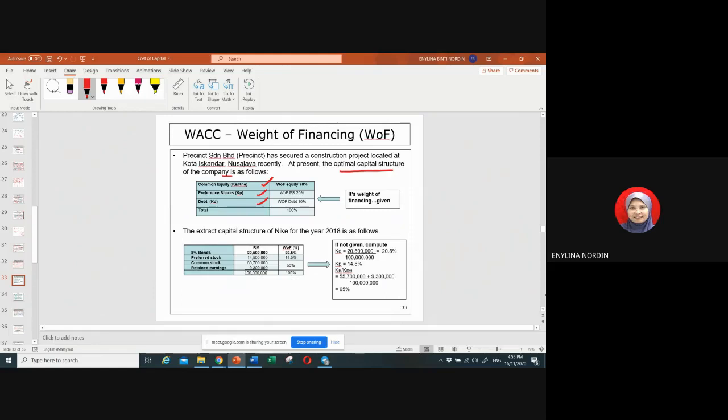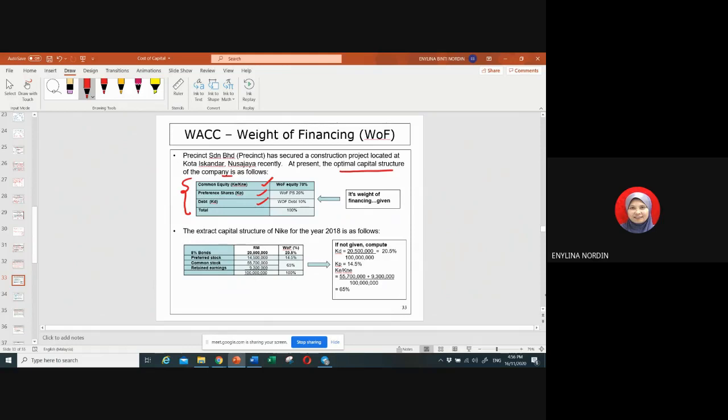So it's a combination of capital components to finance the activities of the company. But how many percent of each component contributes to the capital of the company?